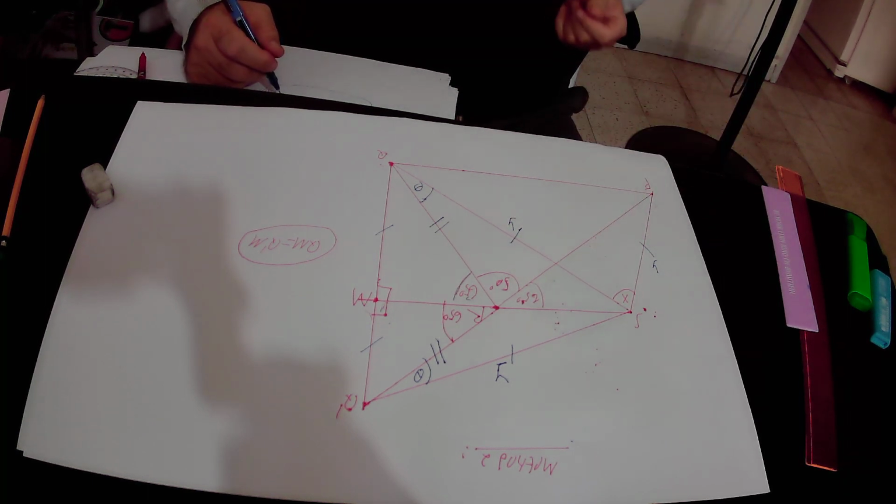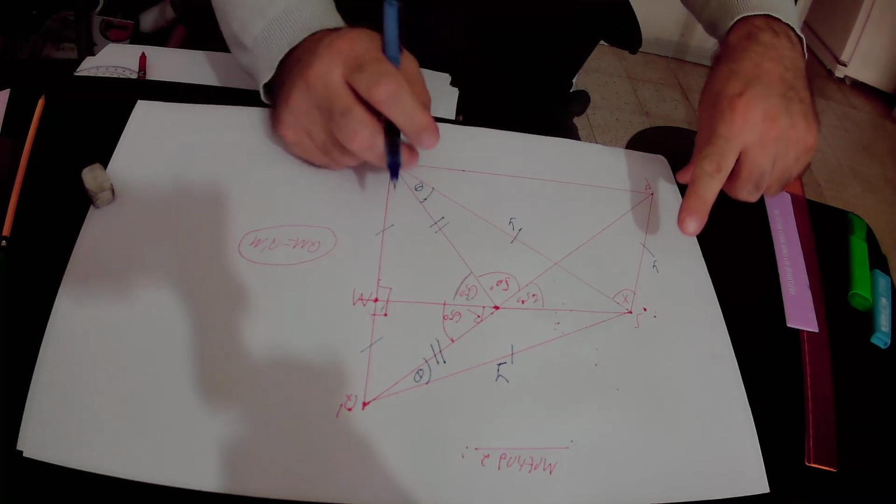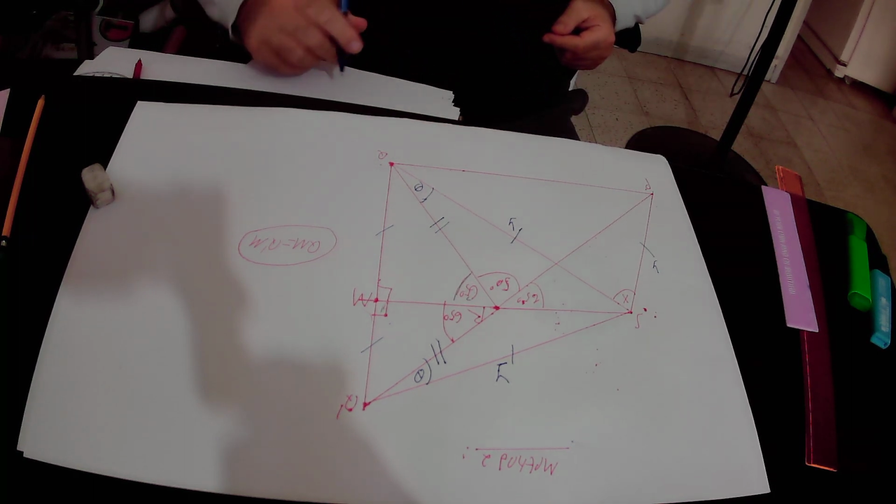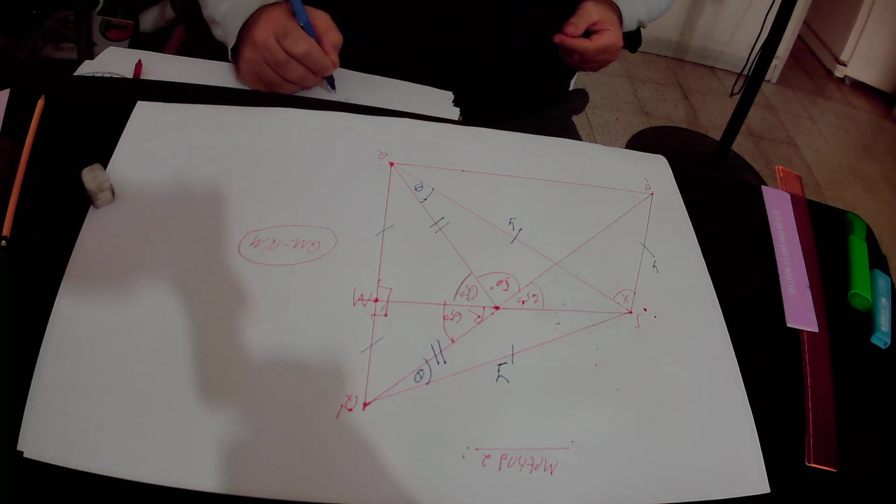So in triangle SPQ dash we have two sides that are equal to each other. That is to say, SP equals SQ dash.